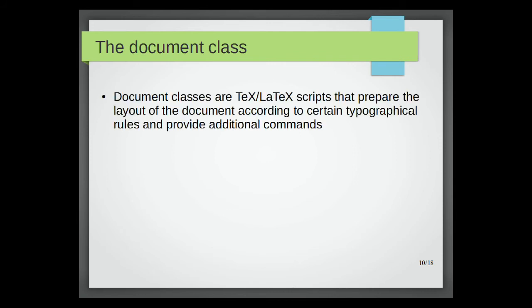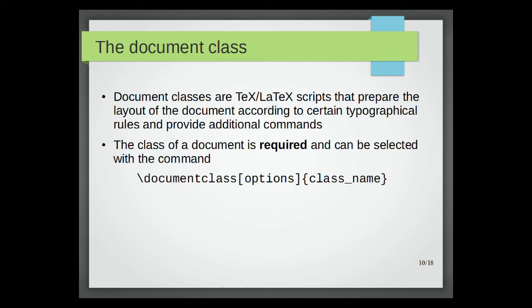As you might remember, the first command that we used is the document class command. Document classes are TeX or LaTeX scripts that prepare the layout of a document according to typographical rules and also usually provide additional commands to be used.